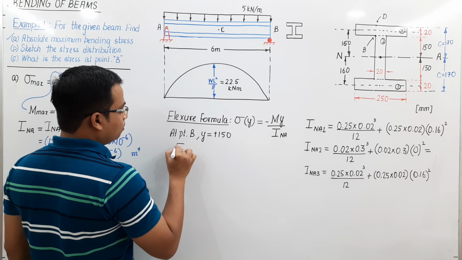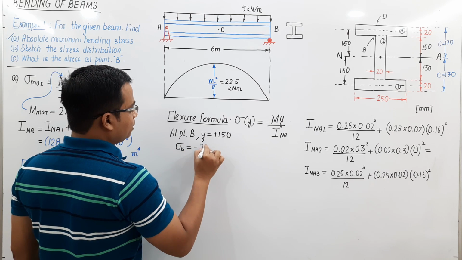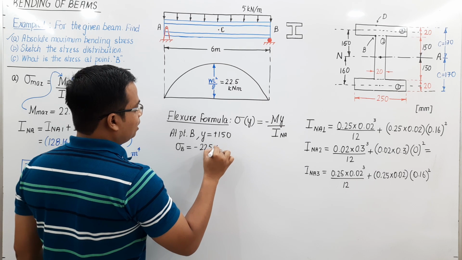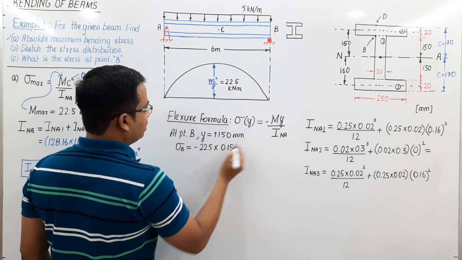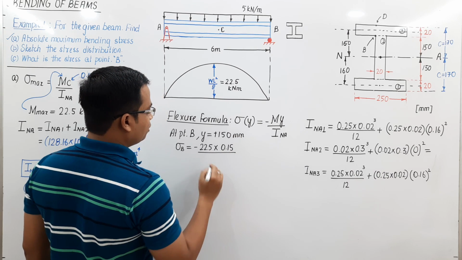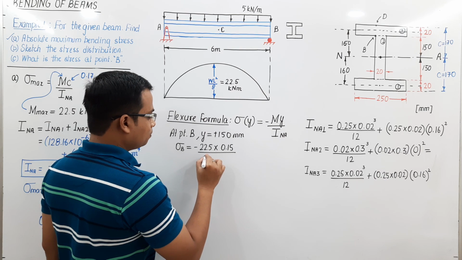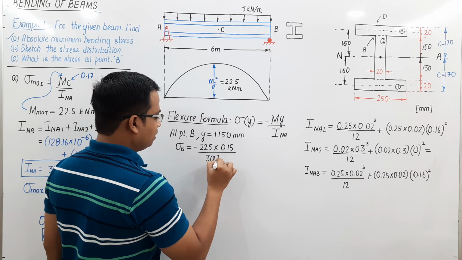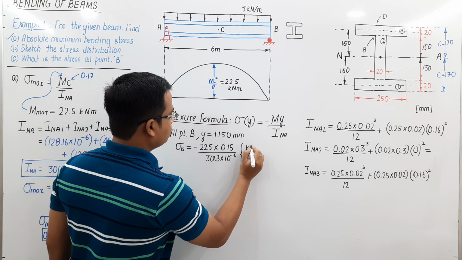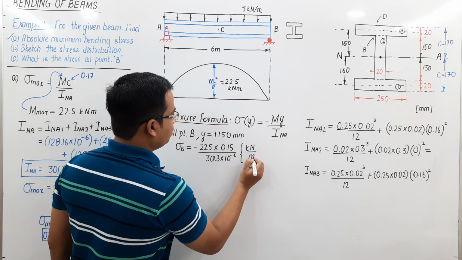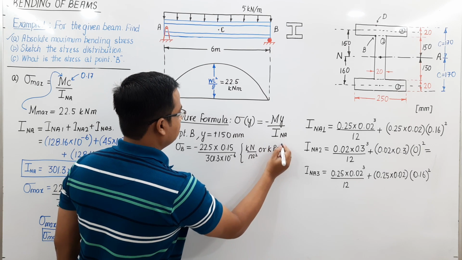Here we go. Sigma B is equal to minus, this is going to be 22.5 multiplied by 0.15. So this is in millimeters, guys. We have converted, divided by moment of inertia 301.3 into 10 raised to minus 6. And obviously the answer that you are going to get is going to be in kilonewton per meter square, or you can also say this is kilopascals.